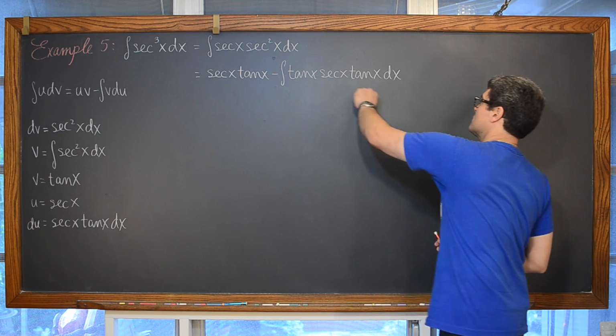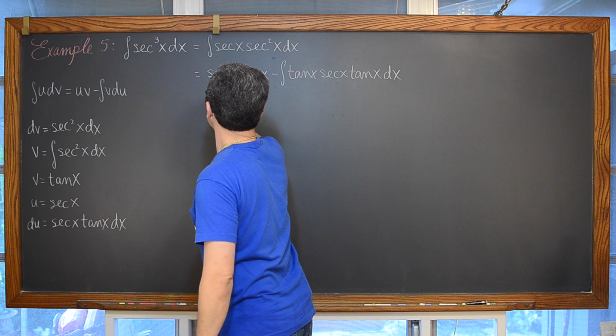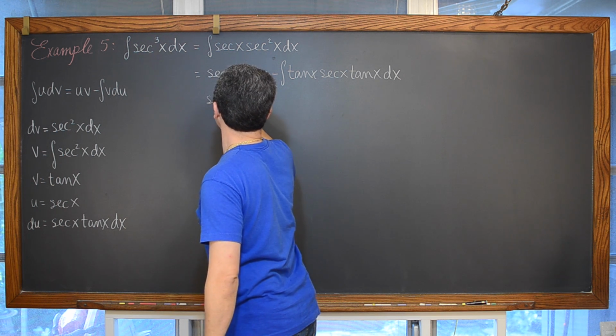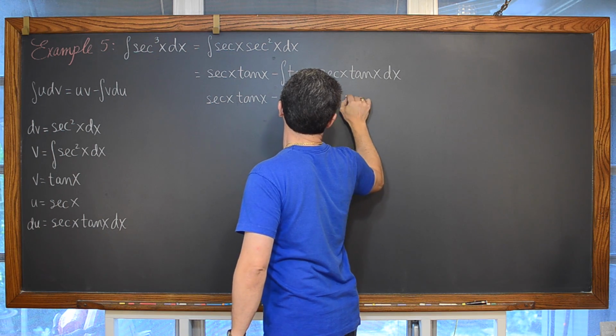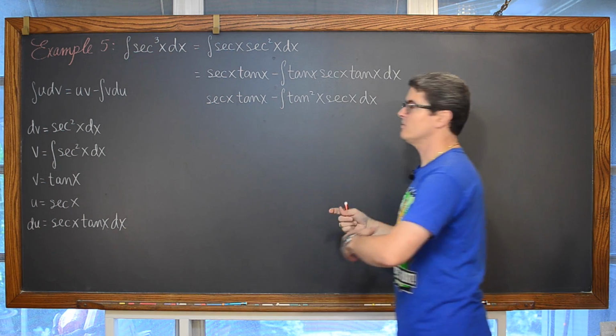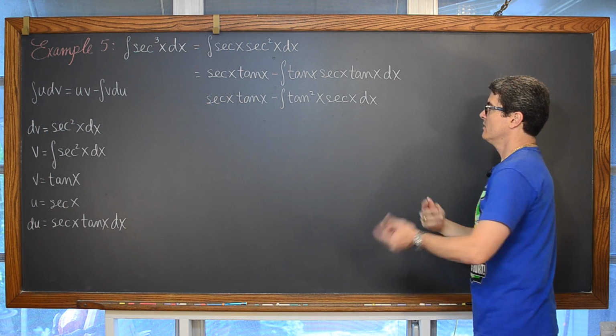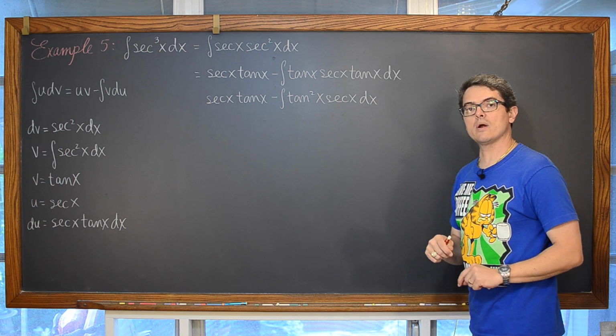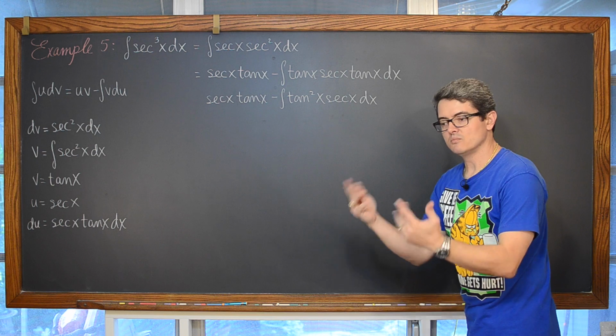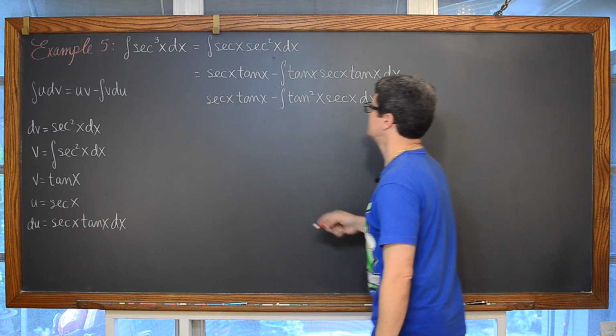So we are going to put the tangents together and write that we have secant of x tangent squared x. Same issue we had here: we don't have a good u and du in here, so we're going to go ahead and convert tangent squared x into secant squared of x minus 1.